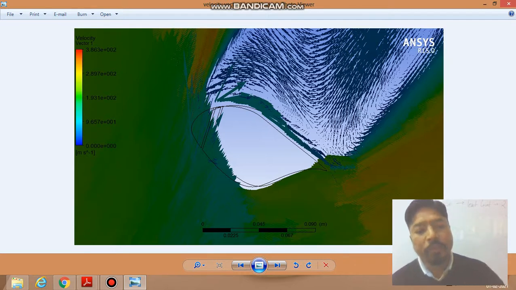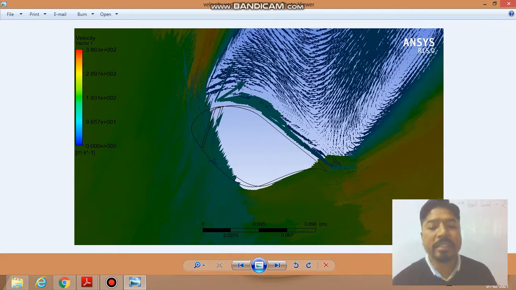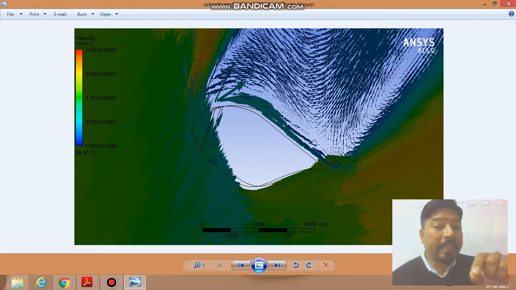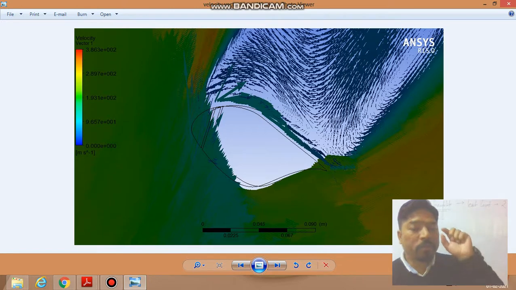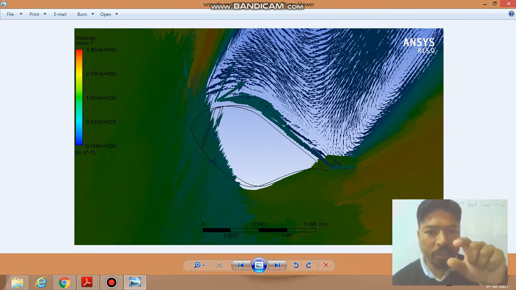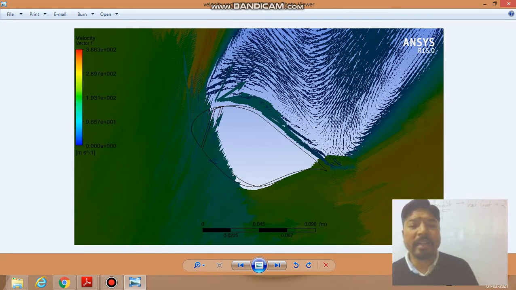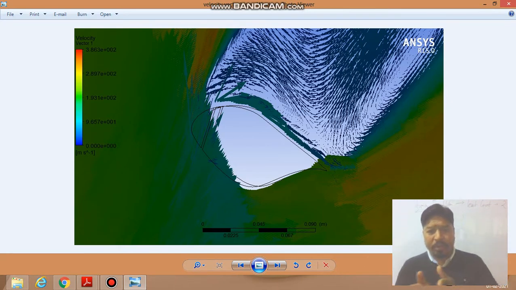Of course the fluid will go in this direction also and in this direction also. This particular point, at the beginning or inlet where the fluid strikes the object, is known as the stagnation point, from where the fluid divides into two parts.